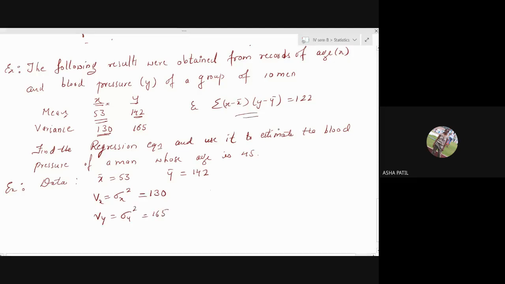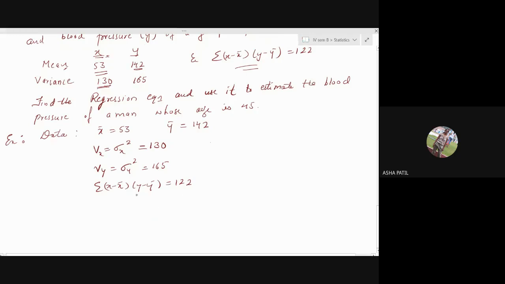And one more data is given to us, that is summation of x minus x bar into y minus y bar, which is 120. Now with this, you have to find the regression equation and the estimation of blood pressure of a man whose age is 45.